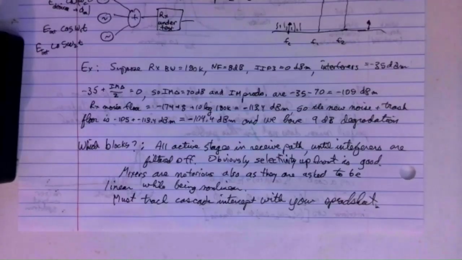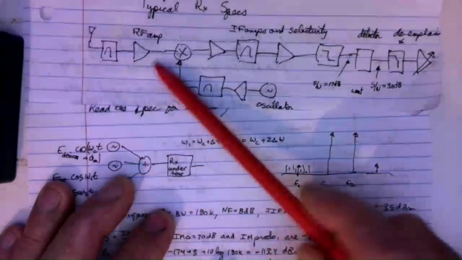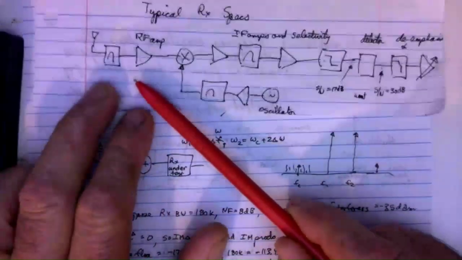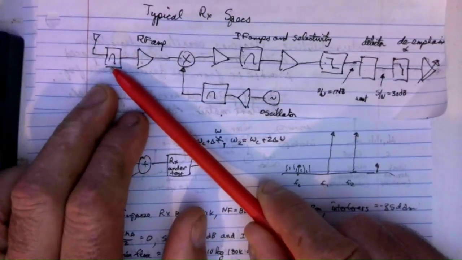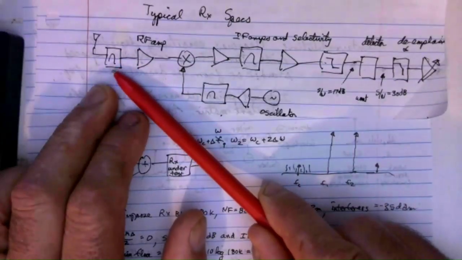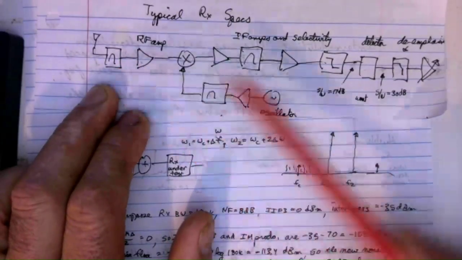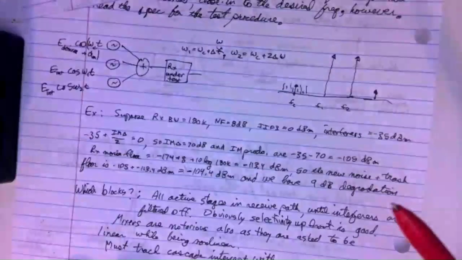But it depends on the offset that you're measuring your IM at, too. If you're measuring your IM adjacent channel and alternate channel, then this filter doesn't help you at all. Not that you shouldn't have this filter, but it doesn't help you for adjacent channel, alternate channel IM. This filter can help you for adjacent channel, alternate channel, because it's an IF filter bandwidth. So, you use some common sense there.